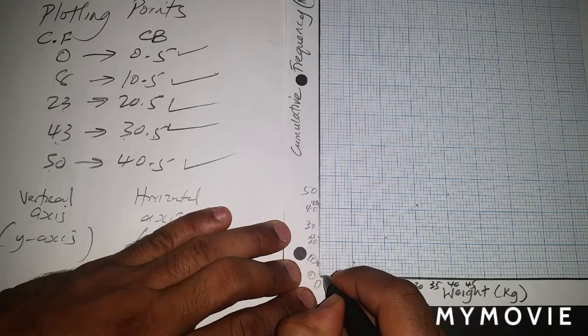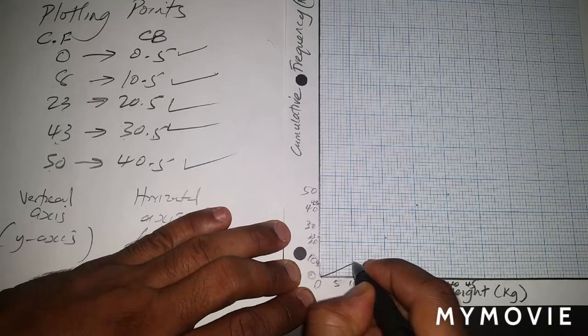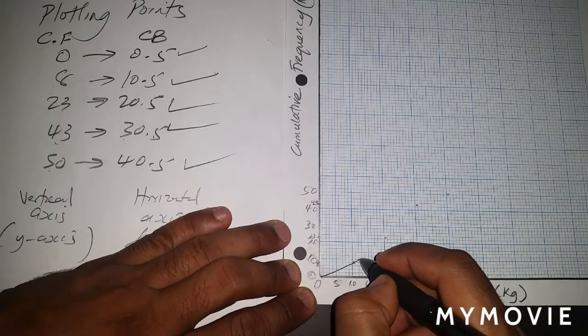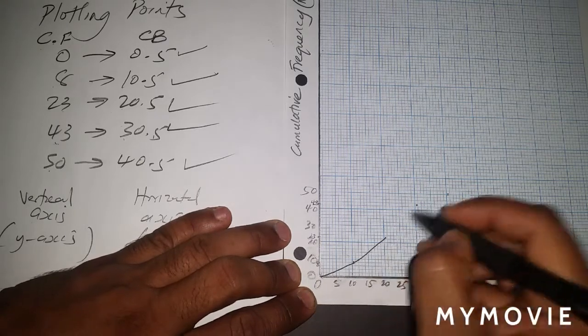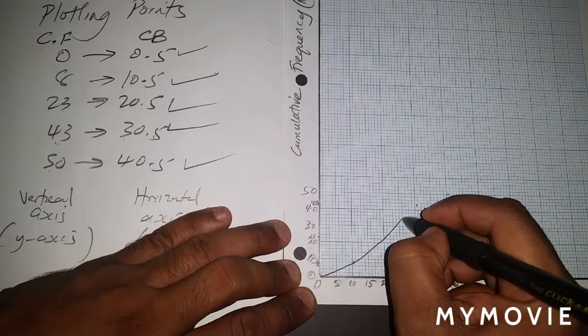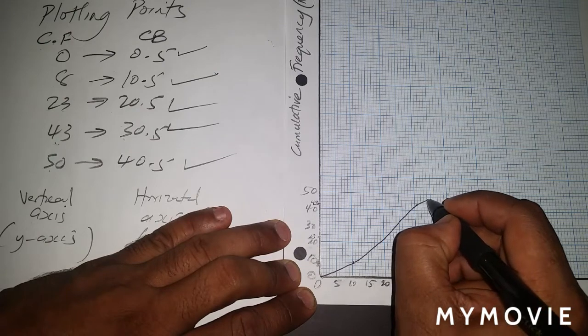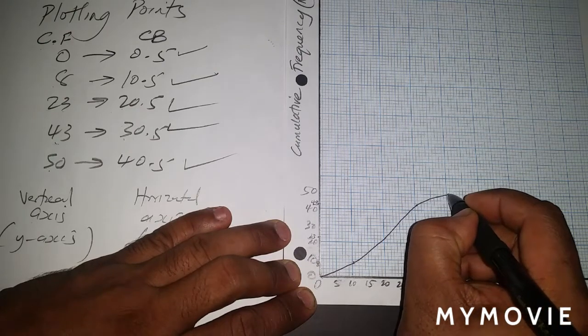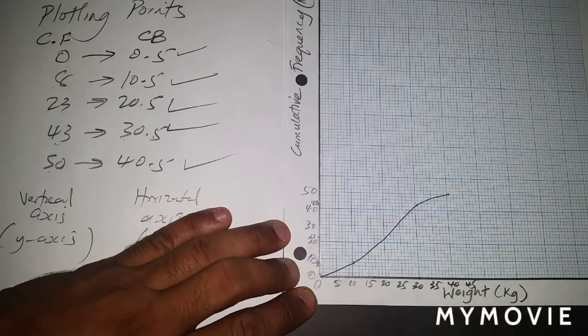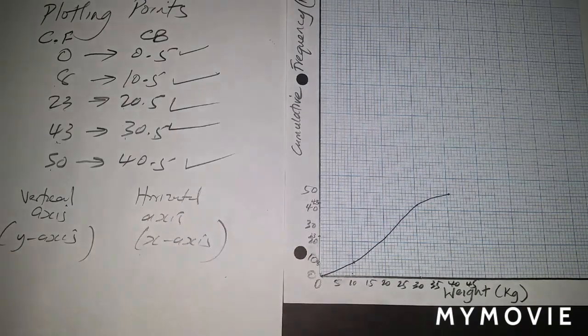So I'm just going to come from here, get a nice smooth curve going. You don't have the issue of dealing with a paper tool this time around, but we have to prepare you, especially when you're moving on to university. All right, so that would be the cumulative frequency curve, and that would be as accurate as we can get it.